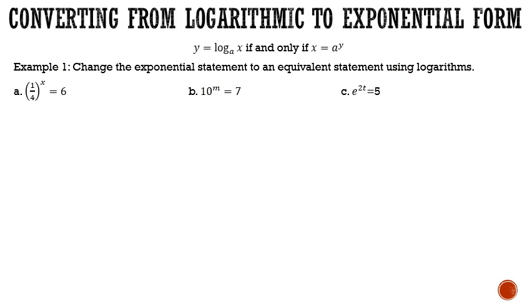So let's practice converting from logarithmic to exponential form. Remember in the last definition, y equals log base a of x if and only if x equals a to the y. So for example 1, let's just practice on changing the exponential statement to an equivalent statement using logarithms. Okay, so this would be log base 1/4. So the base of the exponent is the same thing as the base of the logarithm of 6 equals x.